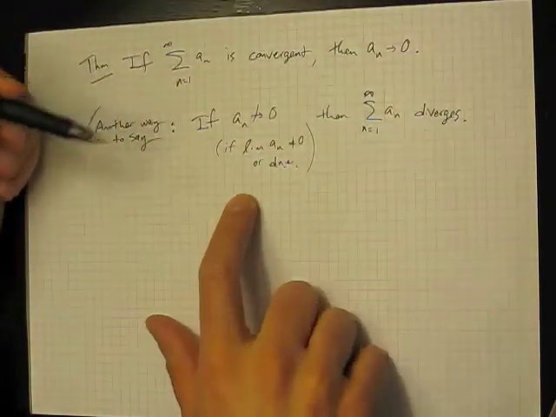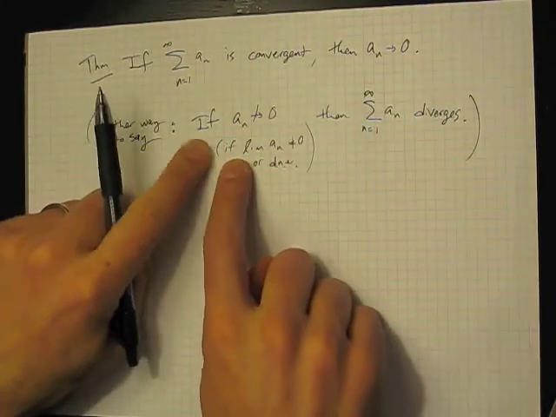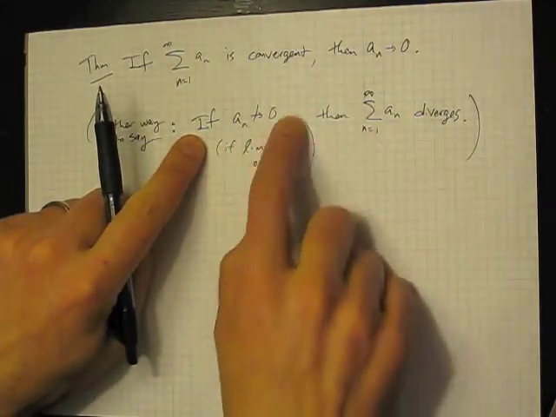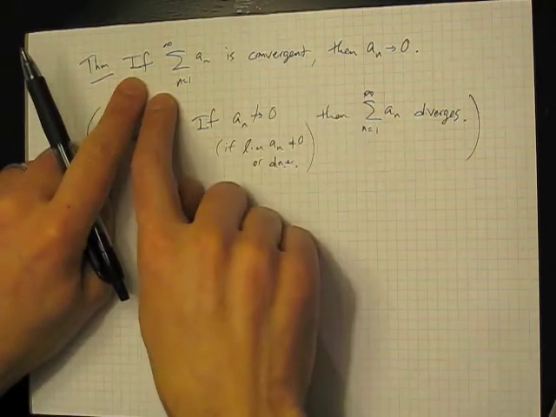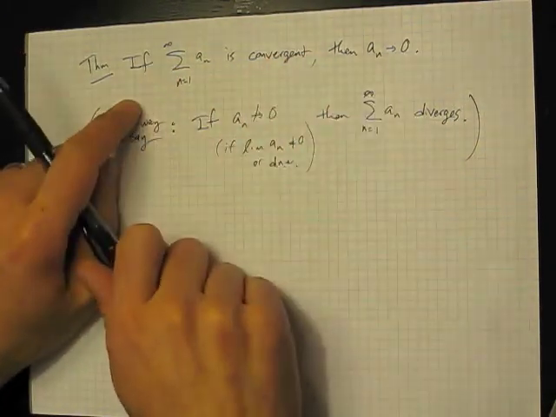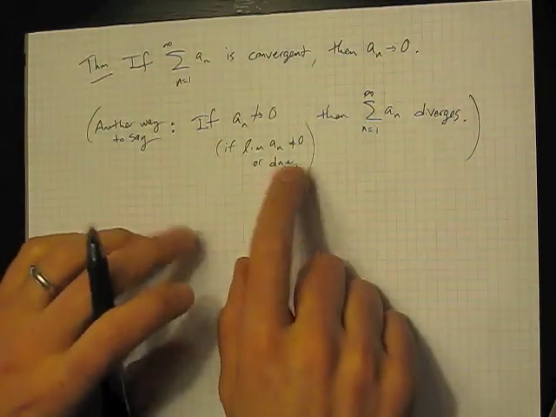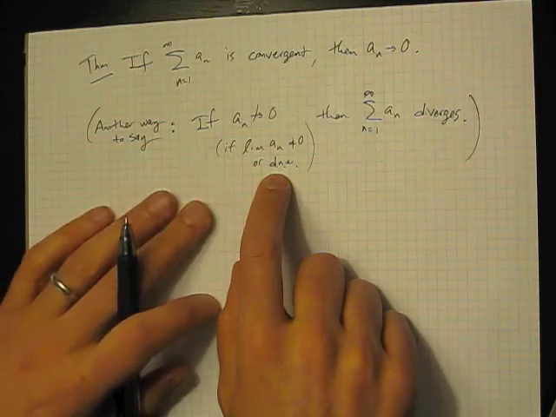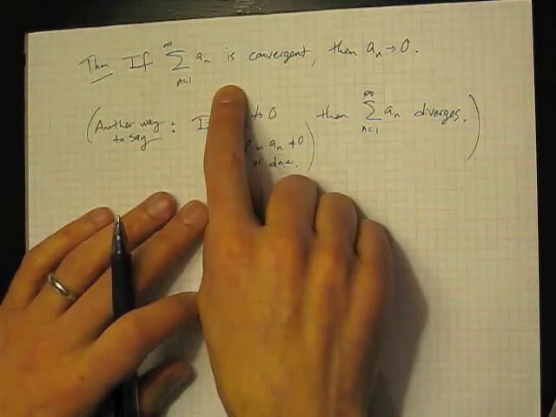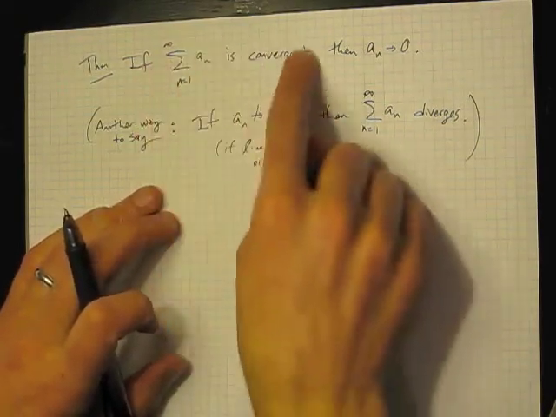So these two statements are logically equivalent. If you have a series for which the terms don't go to 0, then the series diverges. Or if the series is convergent, then the terms have to go to 0. So this seems to be contrary to the previous example, but in fact it's not, because the harmonic series that we saw in the previous example was not convergent.